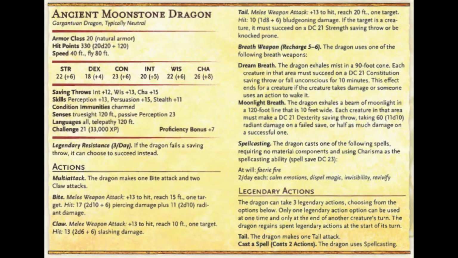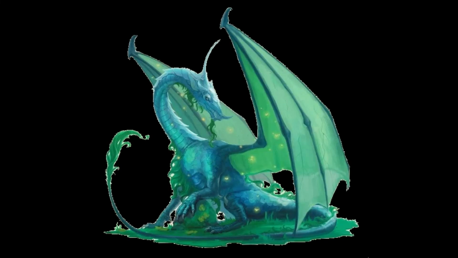And the stat block for the Ancient Moonstone Dragon, which is what I'll be basing Narrador's stat block on, will obviously have to be adjusted once I make him into an Archfey, and I'll include his custom spellcasting features and stuff like that.